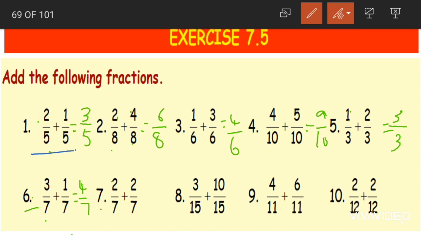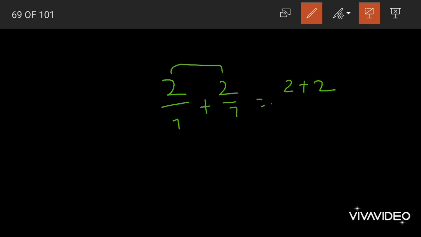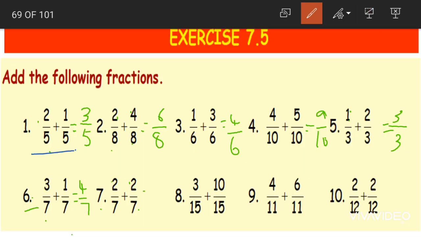Next, question 7. 2 by 7 plus 2 by 7 is equal to, again, the sum of numerators divided by our common denominator 7. 2 plus 2 is 4 divided by 7. 4 by 7 will be our answer.